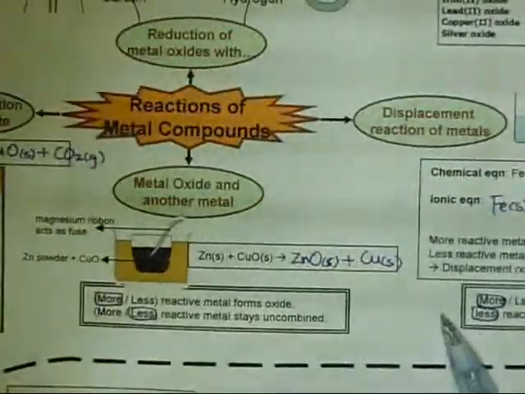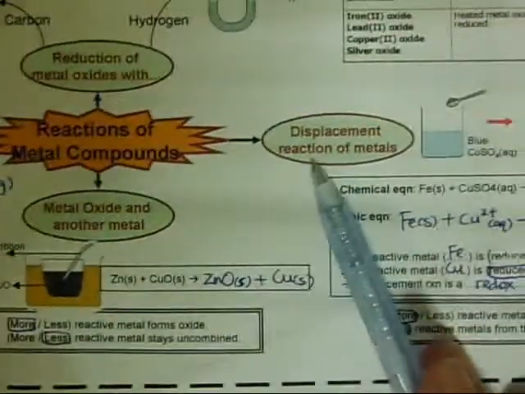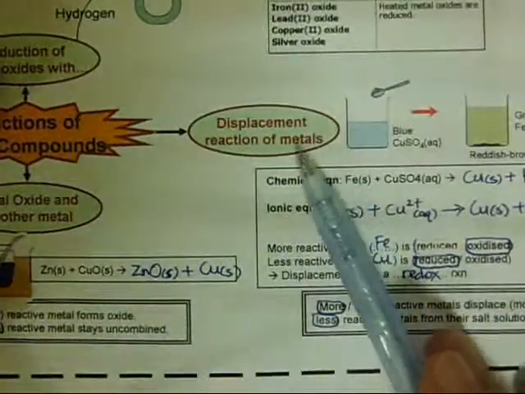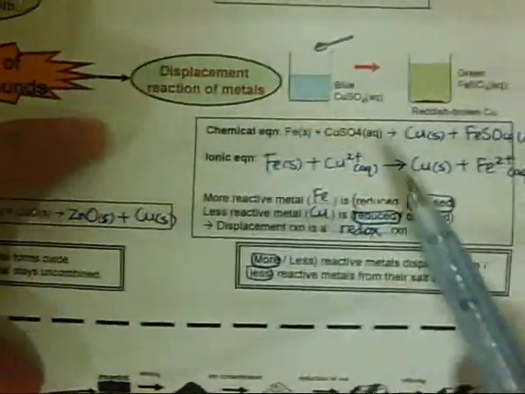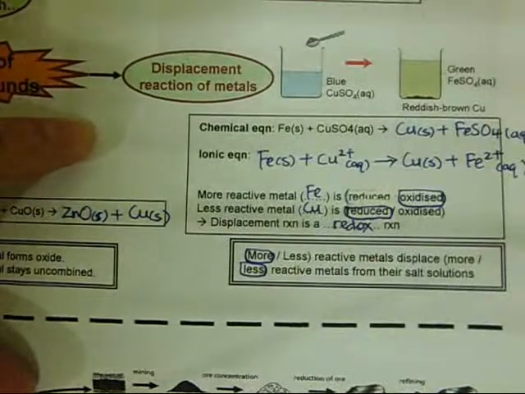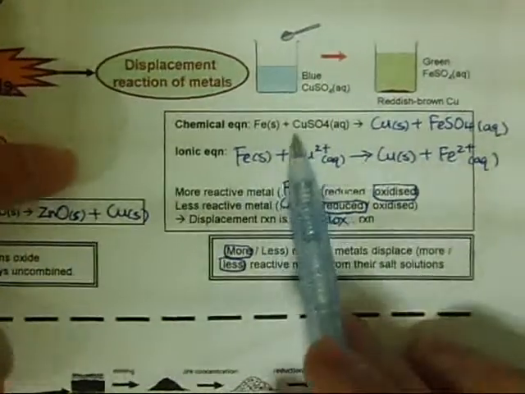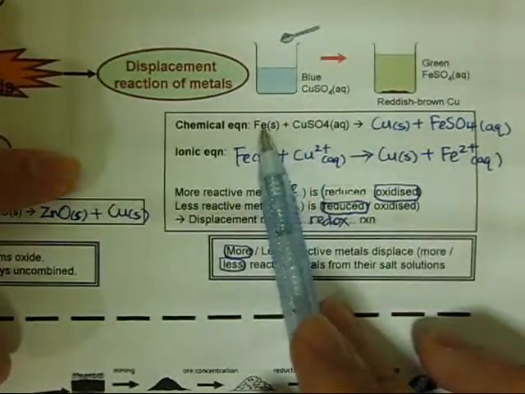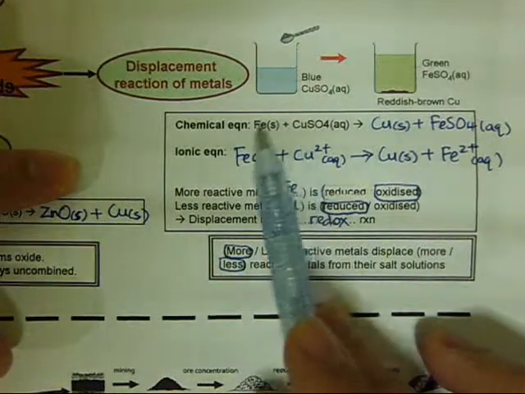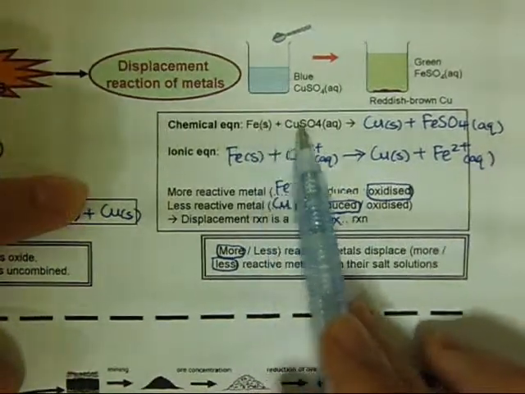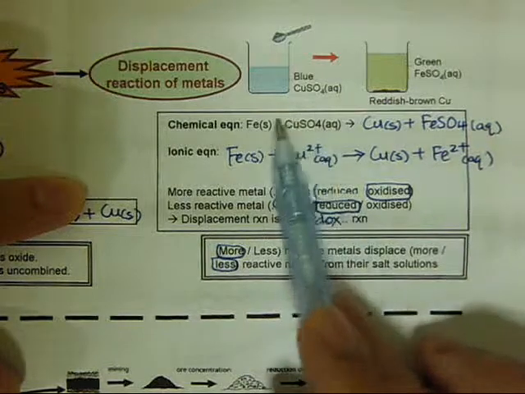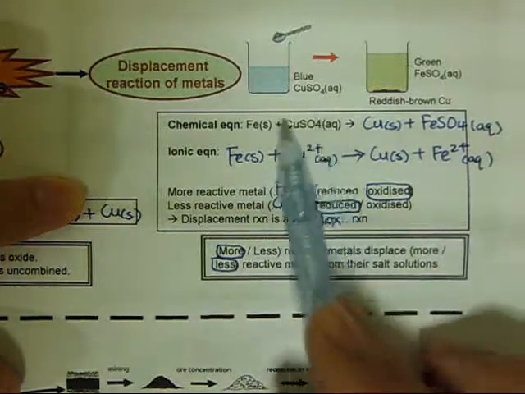Now let's look at reactions of metal compounds for the displacement reaction of metals. Whenever you see a chemical equation that involves two metals, and one of the metals combines with another substance to form a compound.